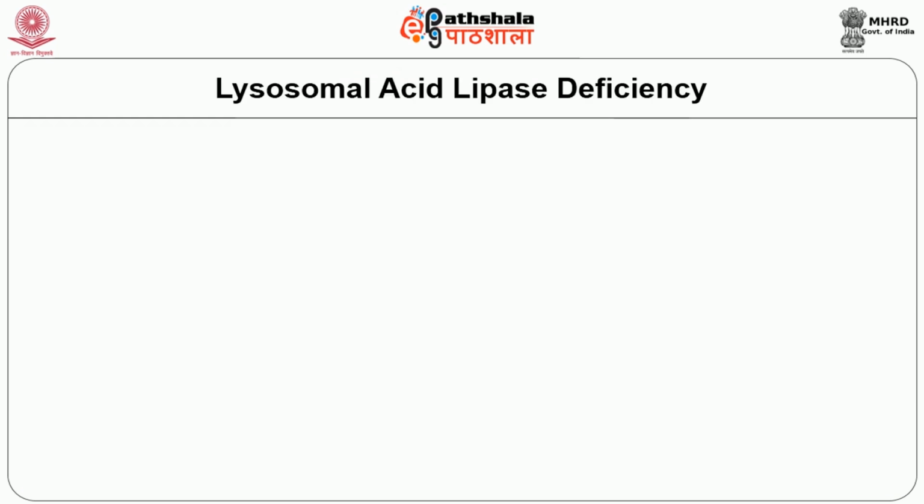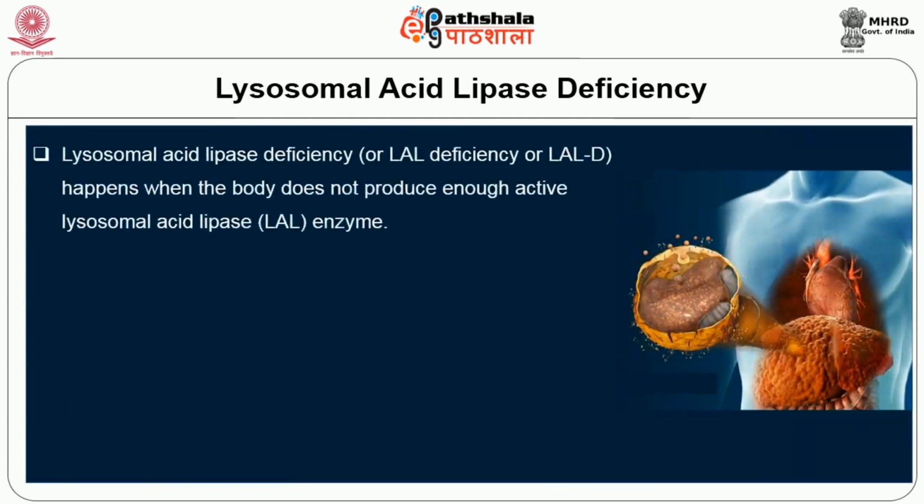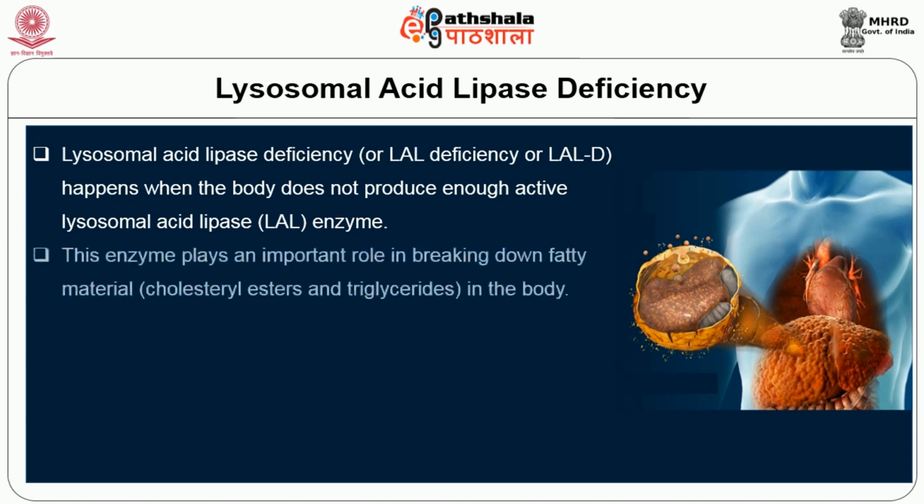Now let us discuss the first type, lysosomal acid lipase deficiency, abbreviated as LAL deficiency or LALD, which happens when the body does not produce enough active lysosomal acid lipase enzyme. This enzyme plays an important role in breaking down fatty material, that's cholesterol esters and triglycerides in the body.